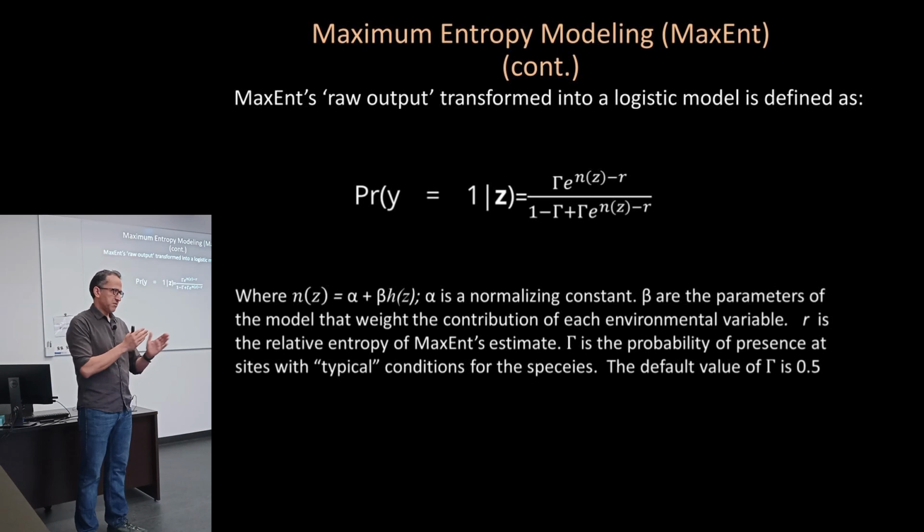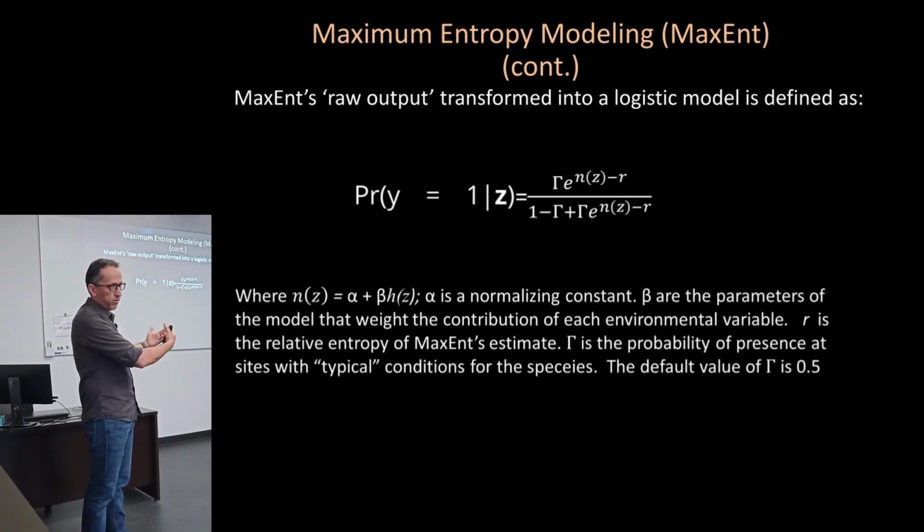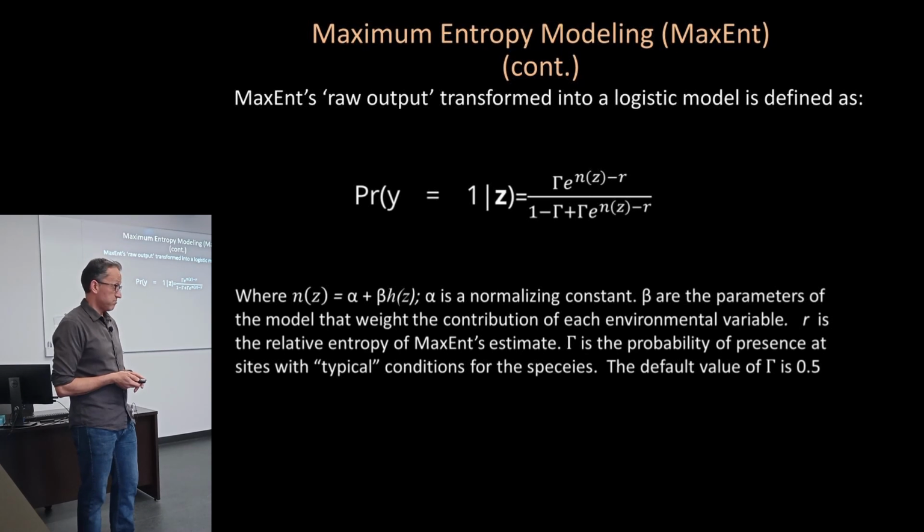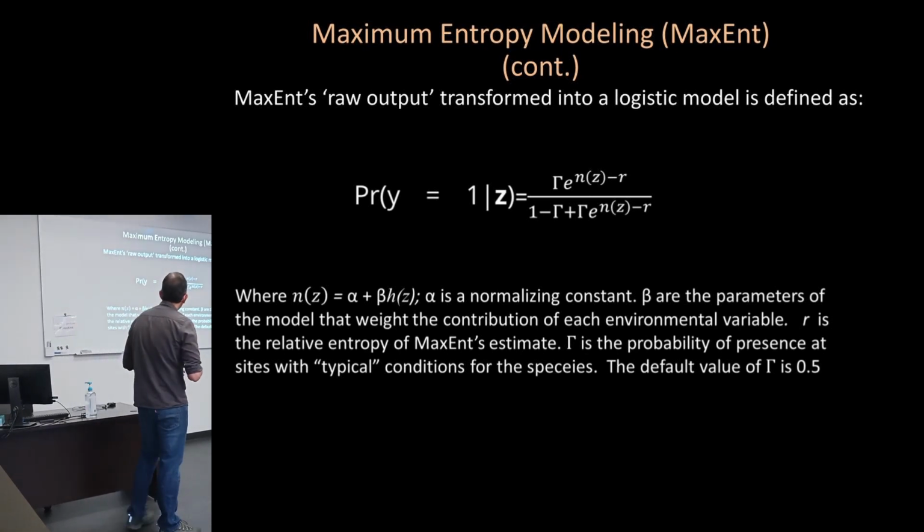You can think of this as a range of categories from 1 to 10, 1 being very unsuitable and 10 being very suitable. In addition, the suitability value is transformed into a probability using a logistic model. So we transform those suitability numbers into probabilities using what we call the maxent function, which is explained there.